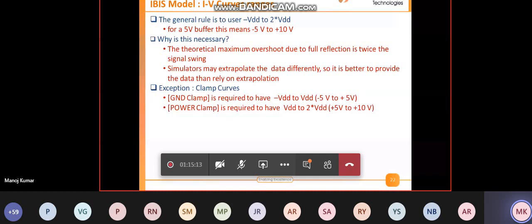But in order to capture the reflections, when your transmission lines pose challenges like reflections, the reflections will basically overshoot, and your simulator needs to have this data present inside the IBIS model file. So we tend to go double the voltage swing and capture this data to make sure the information is very well captured inside the simulator. The same goes for power clamps and ground clamps.